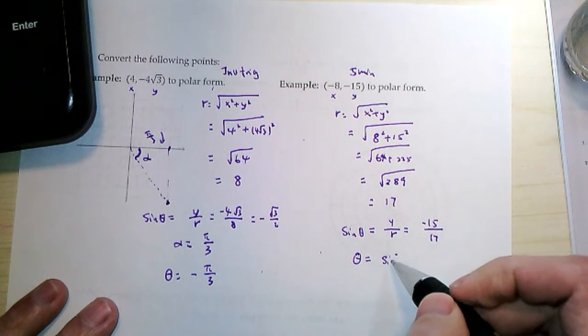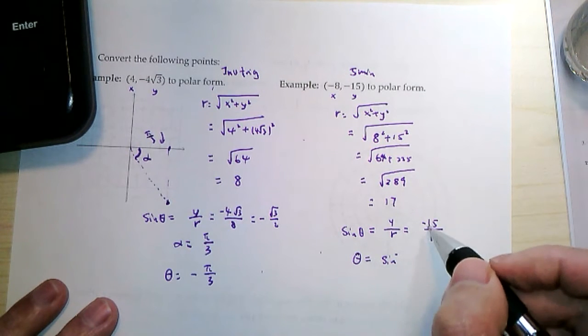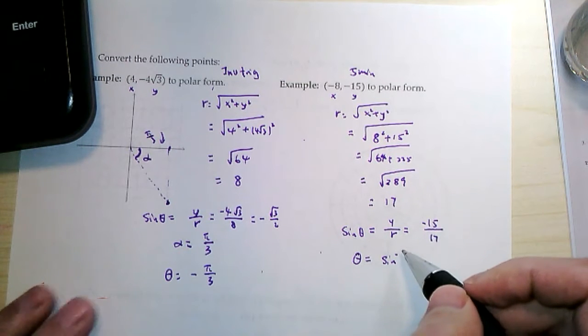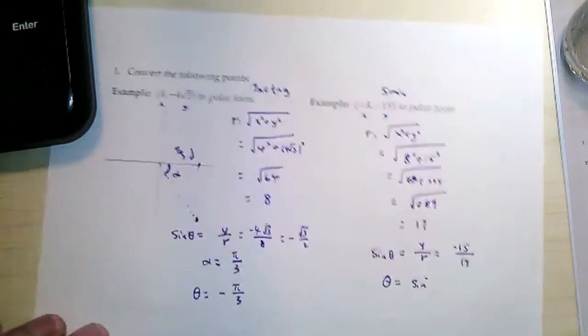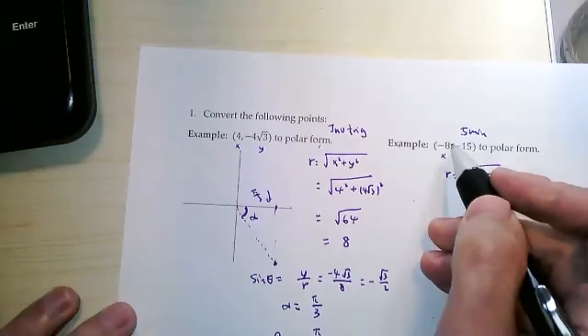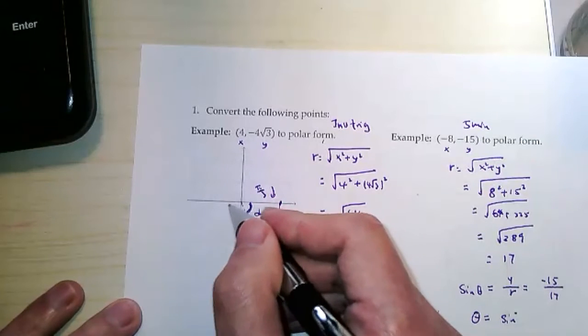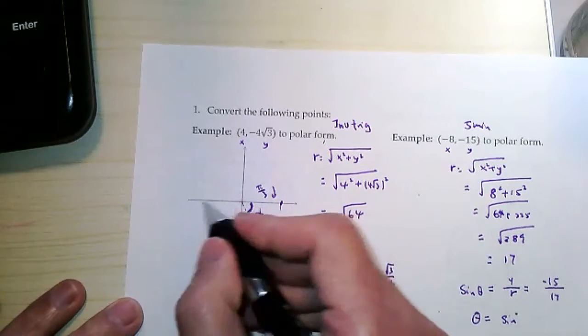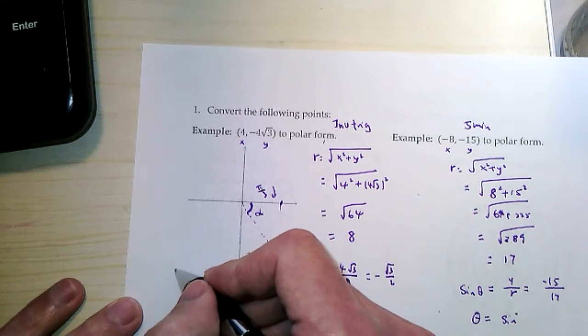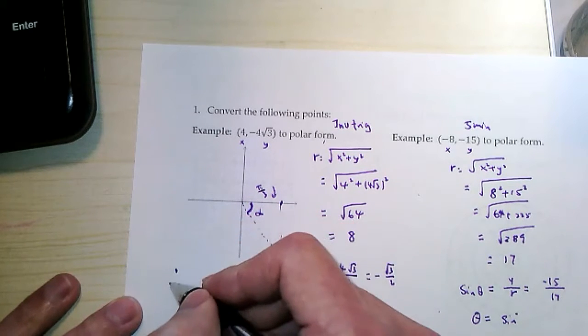I wanted to say our theta is this inverse sine angle. However, before we make such an assertion, let's find it on the plot first. So this is negative, negative. So it's not in the first quadrant. Negative 8 is far beyond, so it should be somewhere around here, right? It's beyond the coordinates, somewhere here.